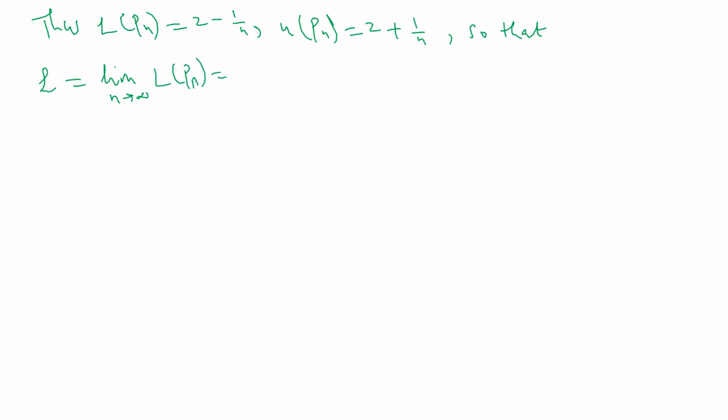Right, so this is the limit as n approaches infinity of the LPN, which is 2 minus 1 over n. And this is the same as 2 minus 0, 1 over infinity is 0. So 2.